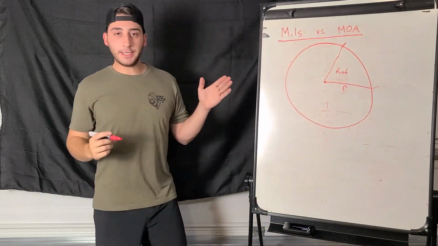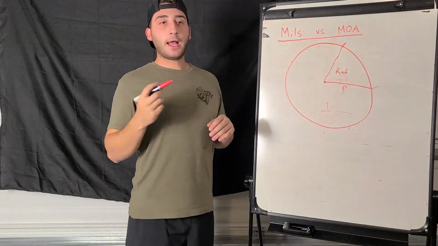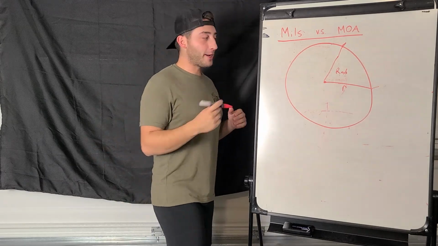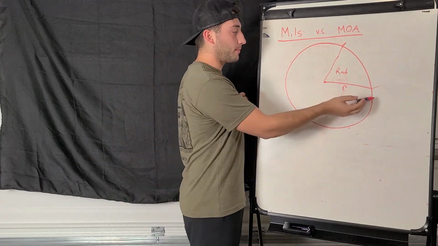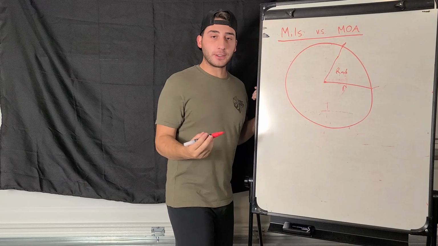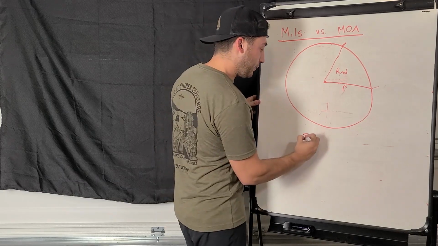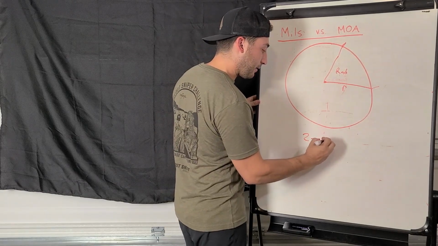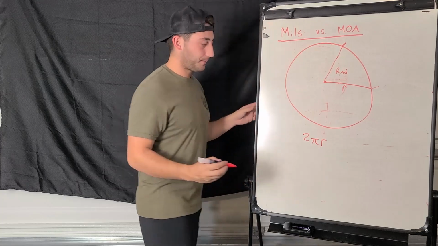All right, a radian. And everybody who graduated the 5th grade should know that the formula for the circumference of a circle is 2 pi r, right?